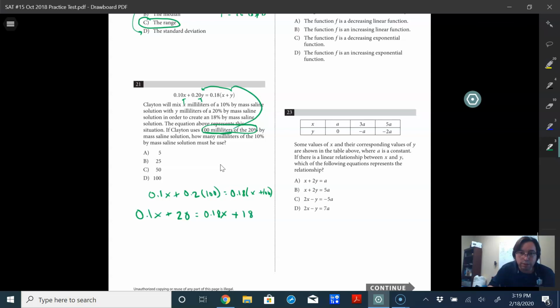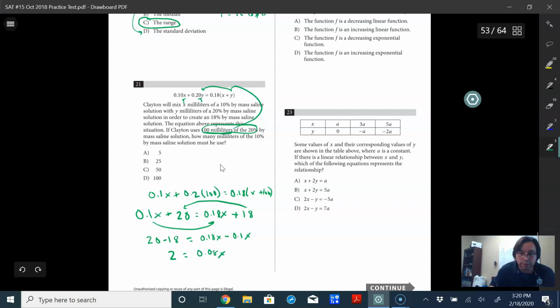I do not necessarily want a negative, so I want to move this piece over here and then move this piece over here. So now my equation is going to be 20 minus 18 equals 0.18x minus 0.1x.